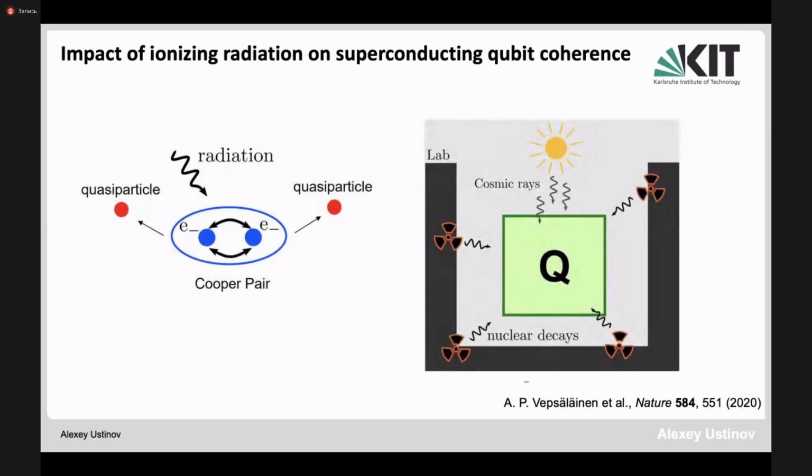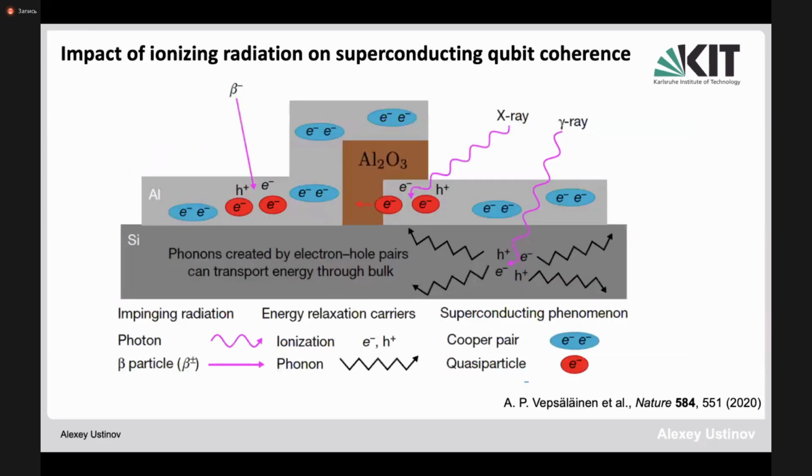And these random, very high energy events generate unwanted quasi-particles, which occur due to scattering of phonons coming from the material of the substrate, for example, scattering of the phonons in the superconductor. Of course, they also can occur in the superconductor, but the volume of the superconducting film is very tiny compared to the volume of the sample holder and the volume of the substrate. Therefore, mostly as a source of this scattering of ionizing radiation, people consider substrates.